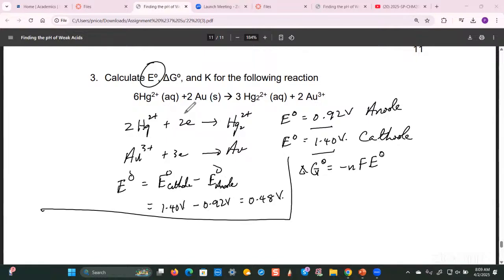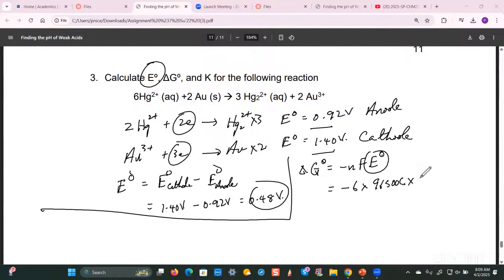Now, because you have a 2 here and you have a 3 here, that means you'd have to multiply this one by 3 and you have to multiply this one by 2 so that the number of electrons lost and gained would be 6 electrons. So this would be minus 6 times Faraday constant, which is always 96500 coulombs, multiplied by the standard EMF that we calculated earlier, which is 0.48 volts. And that's it.